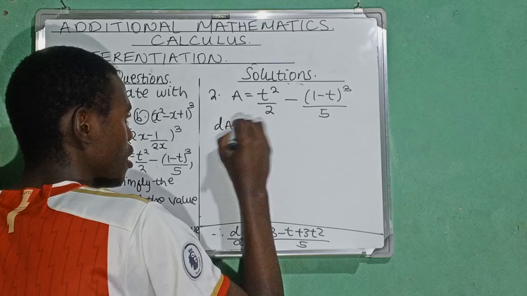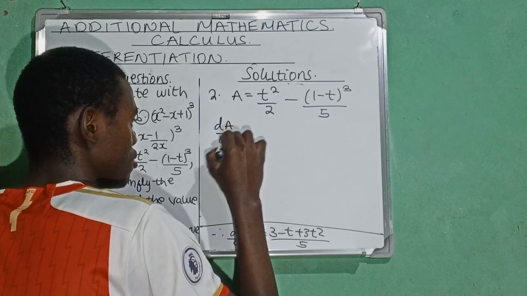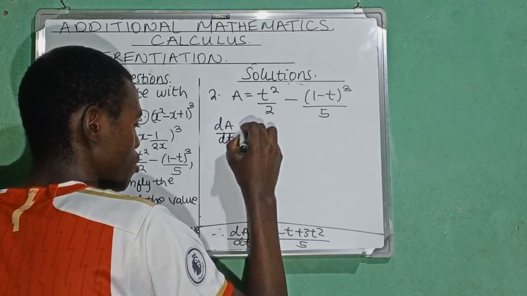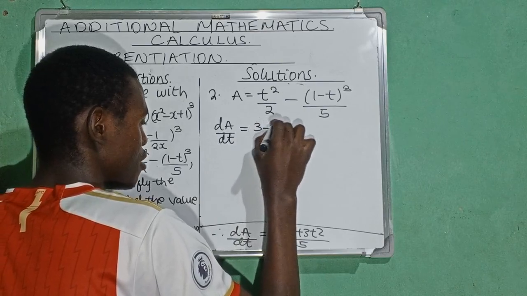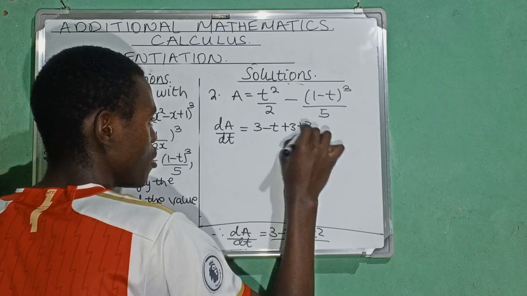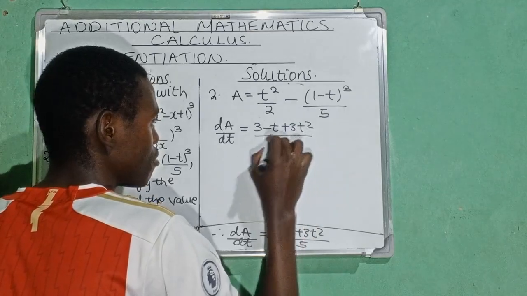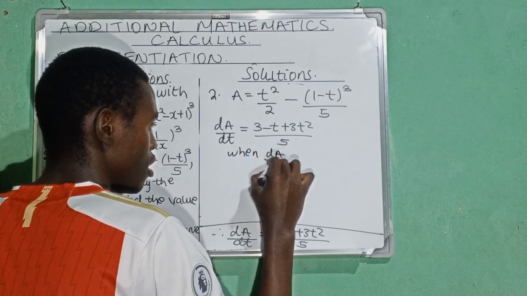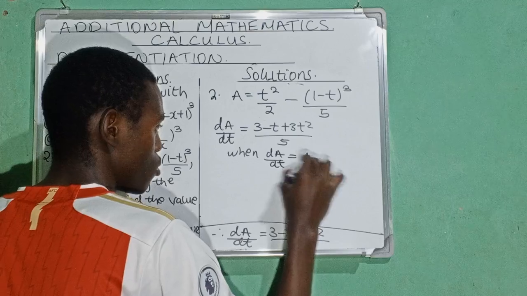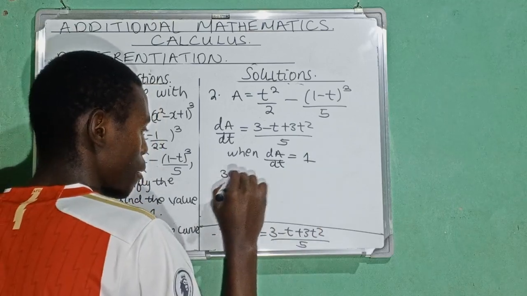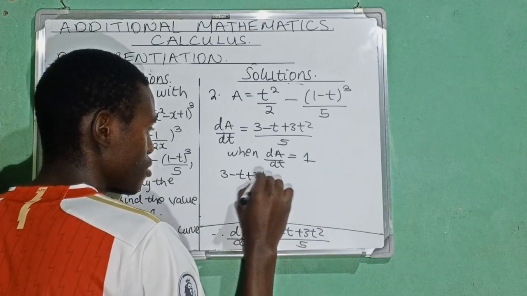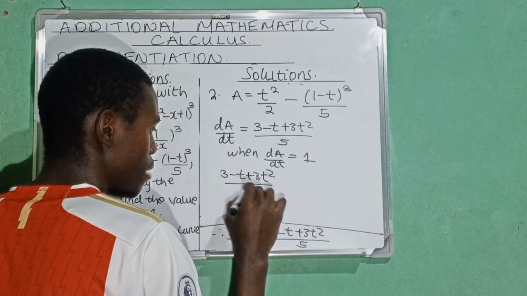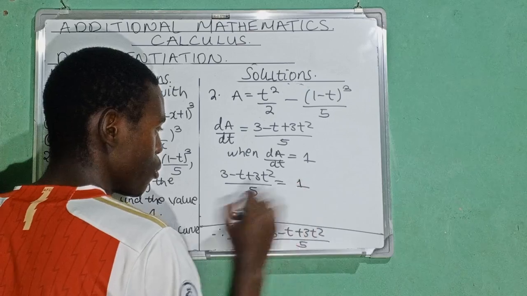So dA/dt is equal to 3 minus t plus 3t squared, you divide by 5. Then they are saying when dA/dt is equal to 1, so 3 minus t plus 3t squared, you divide by 5 is equal to 1.